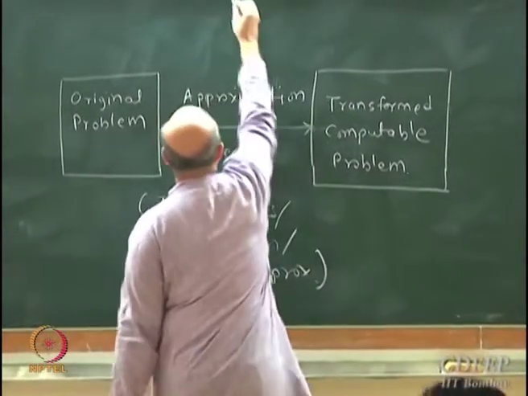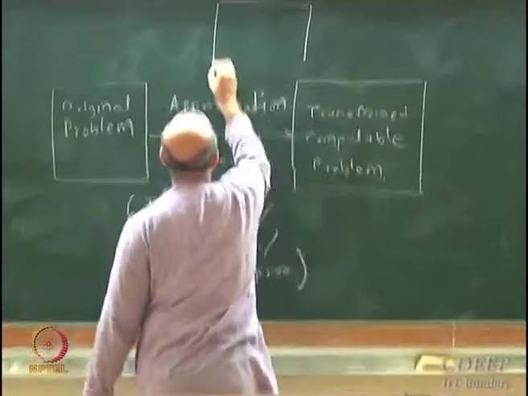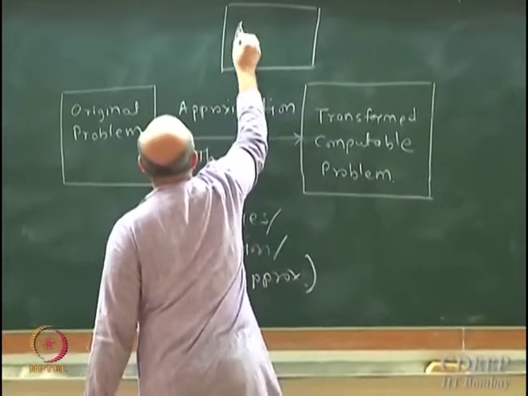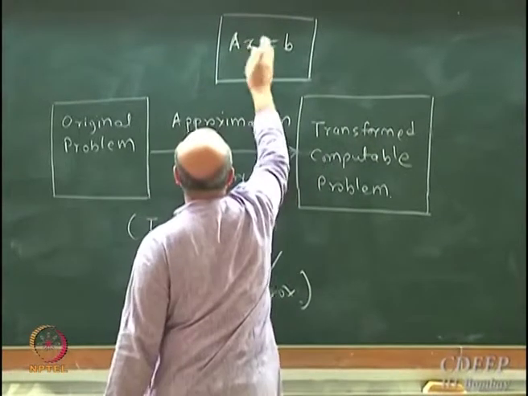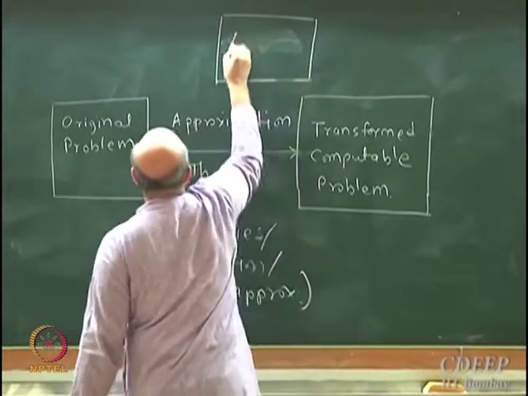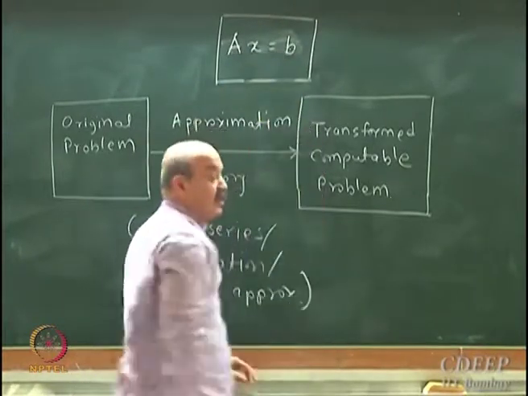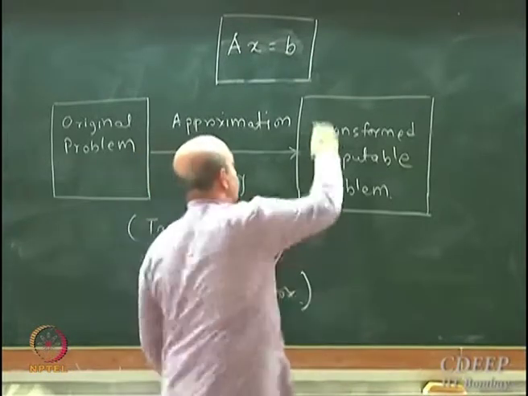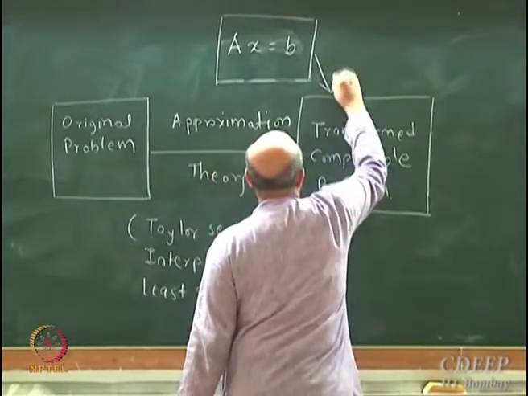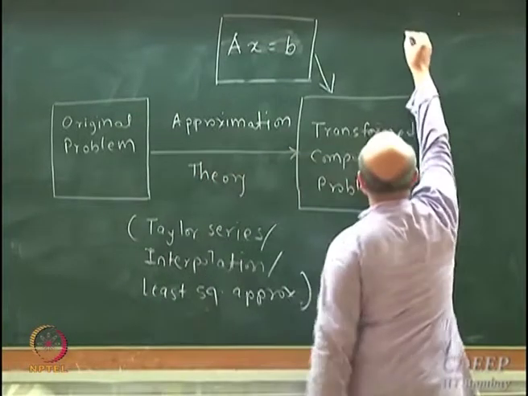So I am going to talk about three different tools. Ax equal to b. I would put this as solving linear algebraic equations. This is one of the fundamental tools that we are going to use. So this tool will be used to attack this problem.